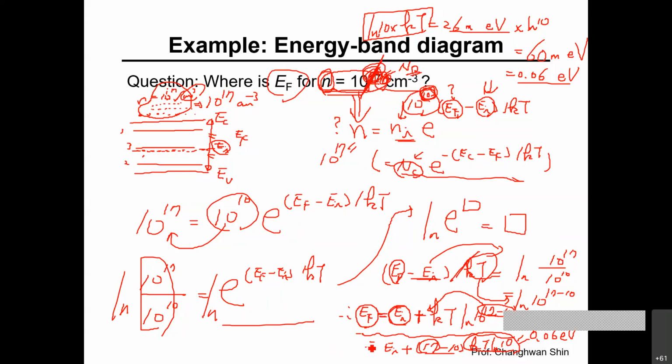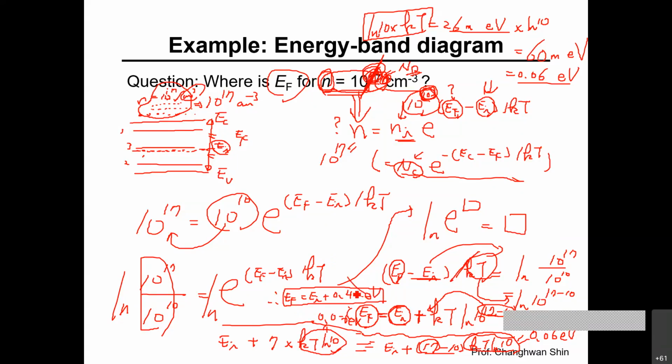So that is equal to EI plus 7 times KT ln 10, so that is equal to 0.06 electron volt. So the Fermi energy level is equal to EI plus 0.42 electron volt.